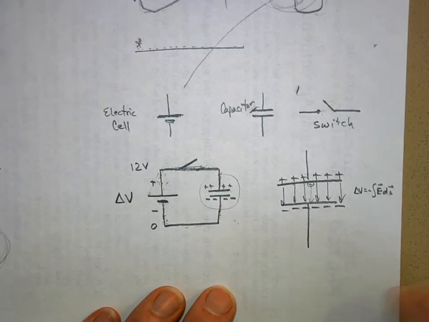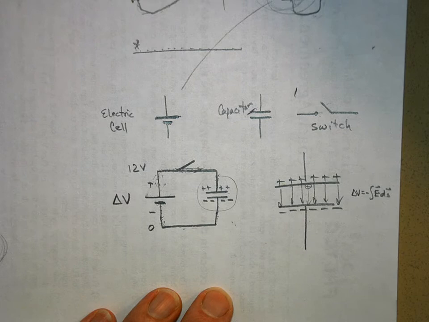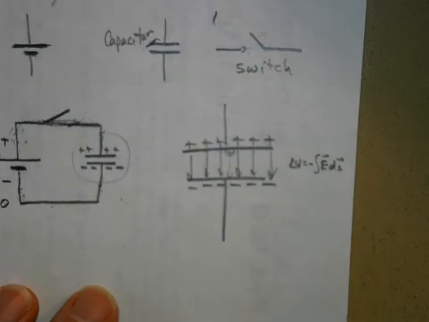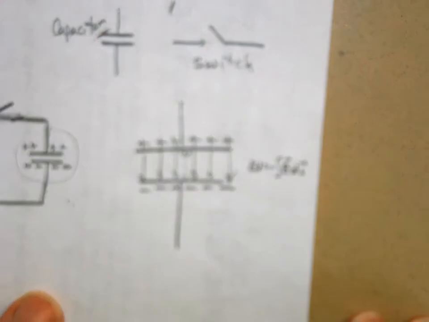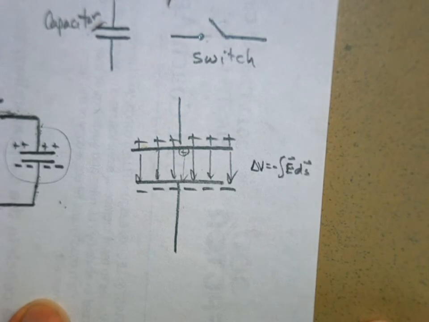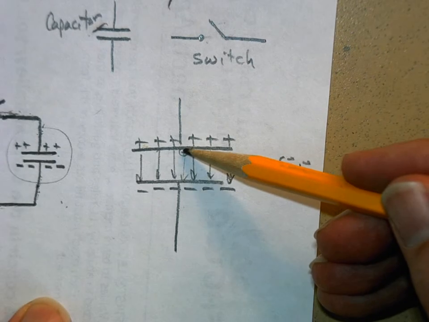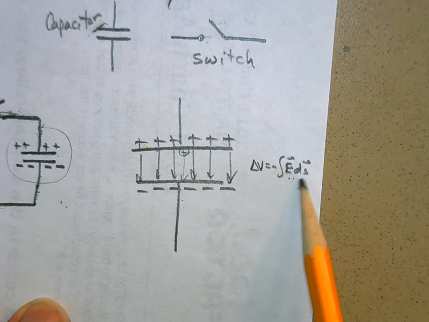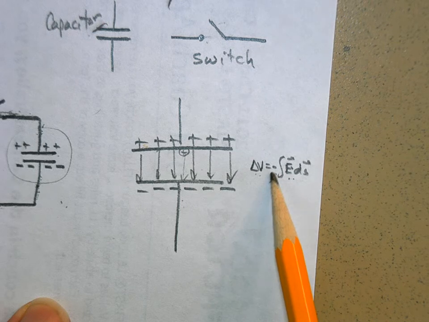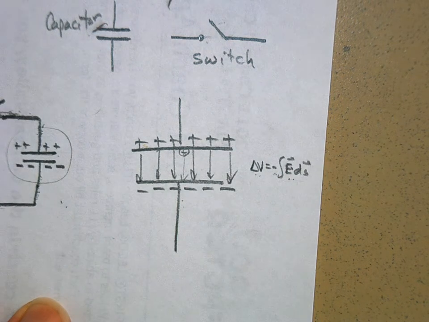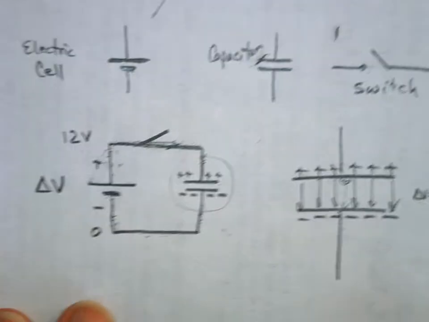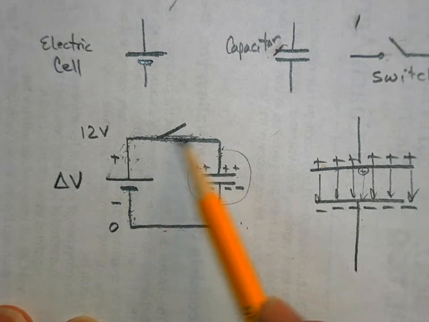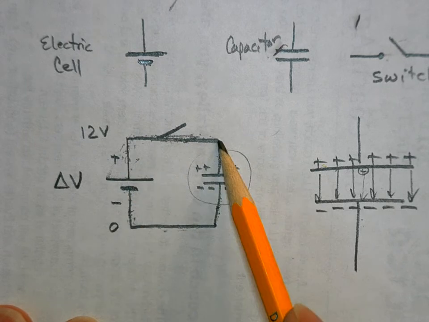Let me zoom in because I did that way too small. So this positive charge is moving along with the electric field. If E dot ds is positive, then you got this negative sign, so my change in voltage will be negative. We're losing voltage. Well, we've got to lose voltage because when I started with 0, I went up to 12. I've got to lose 12 to get back to where I started.